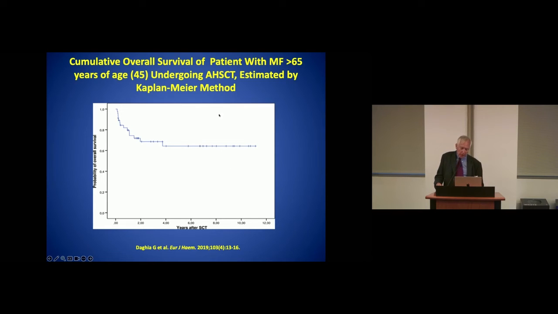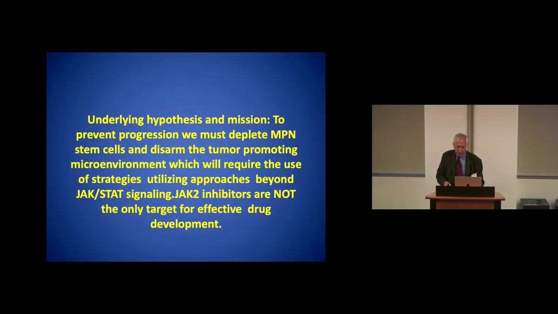And this is really exciting because it shows that you can transplant patients over 65 years of age and have really good outcomes. So what this proves is that a stem cell therapy will essentially cure patients with myelofibrosis.